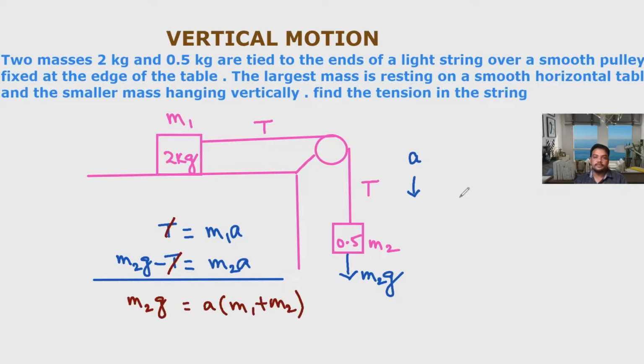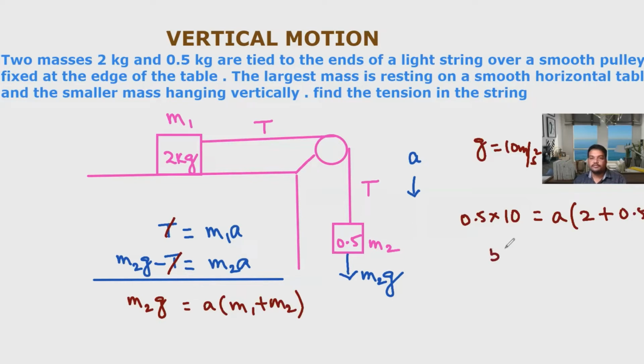A: M2 is 0.5, into acceleration due to gravity, which is 9.8, approximately equal to 10. Let us take g as 10 meter per second square. 0.5 into 10 is equal to A of (M1 is 2 plus M2 is 0.5).